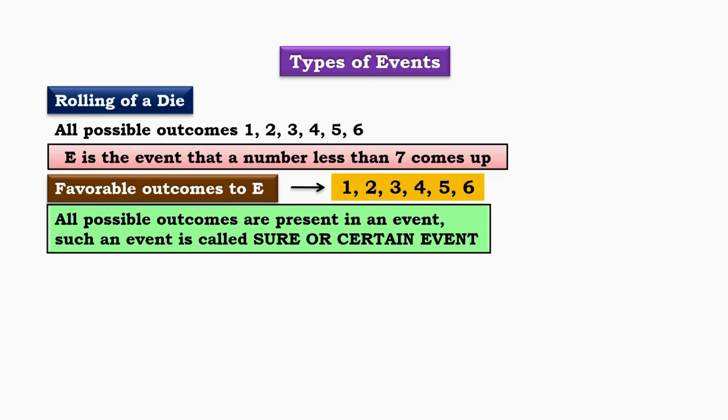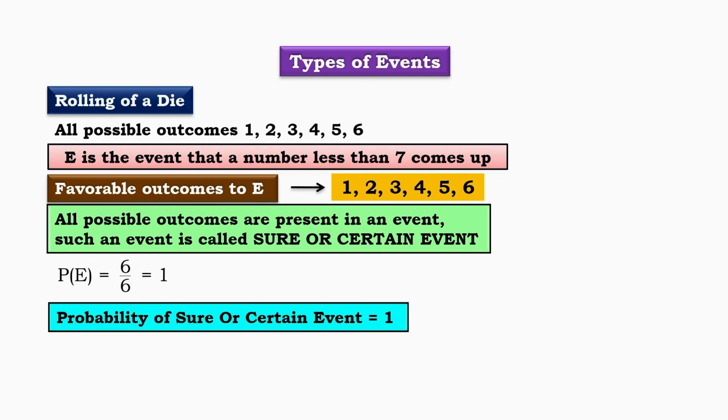Obviously the event will occur, so it is called a sure event. So P of E equals 6 by 6, which is 1. So the probability of a sure or certain event is always equal to 1.